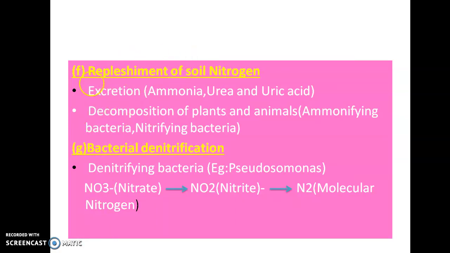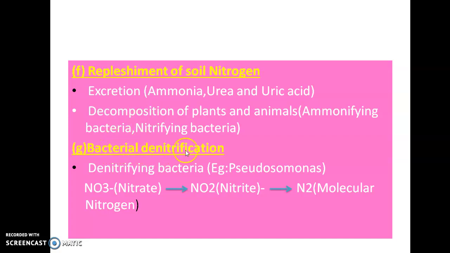Now in the body of plants, animals and decomposers, the nitrogen is in the form of nitrates or ammonia. By means of their excretion as ammonia, urea and uric acid, and also by the decomposition of plants and animals, which is done by the ammonifying bacteria and nitrifying bacteria, the nitrogen from the body of plants and animals again enters the soil.